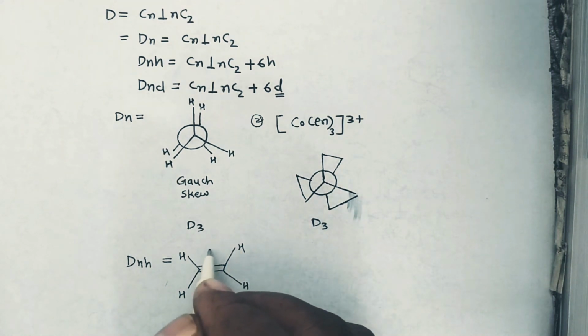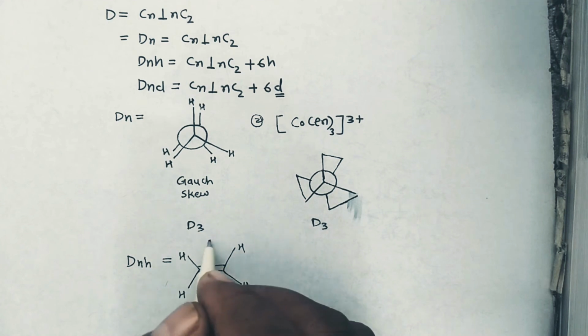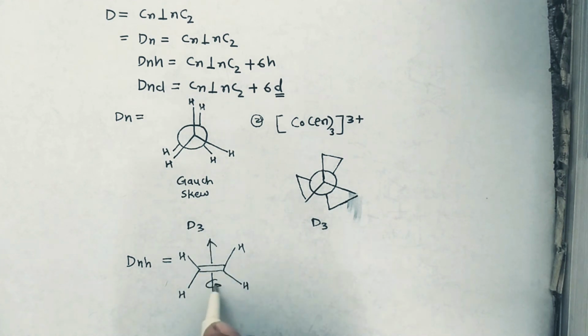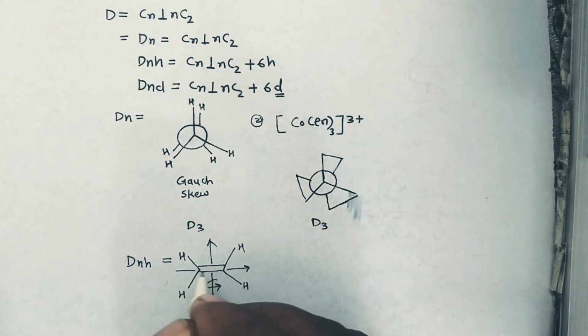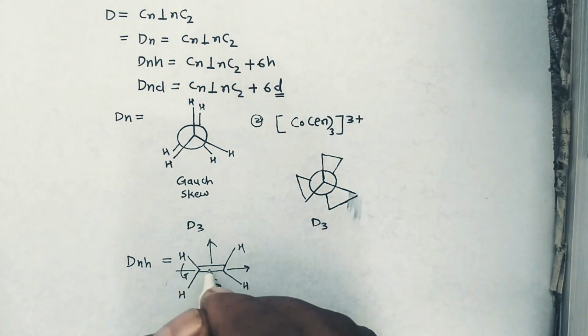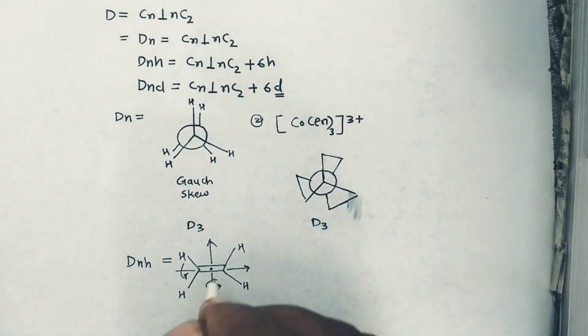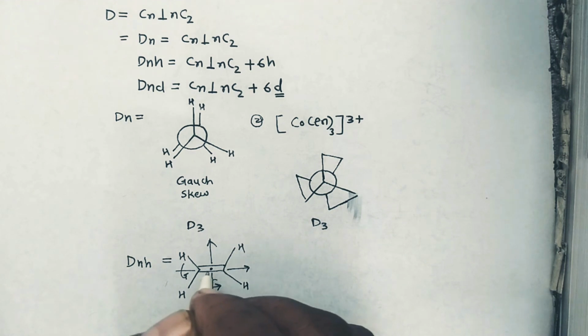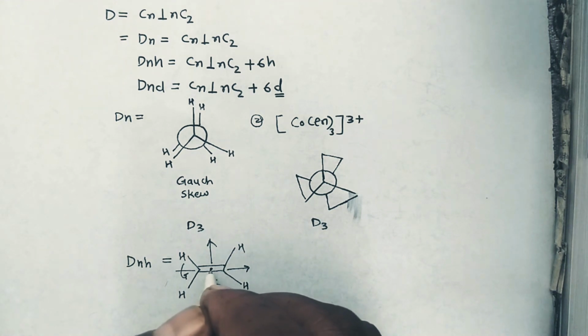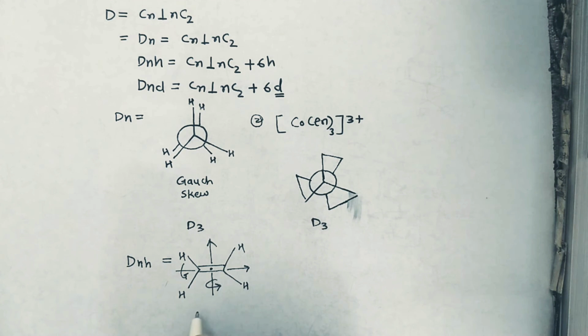You can see, if you draw this C2 axis, it has two perpendicular C2 axes. One is like this and another one is through this point. It cannot be drawn two dimensionally, but you can imagine there are two perpendicular axes to the main axis.